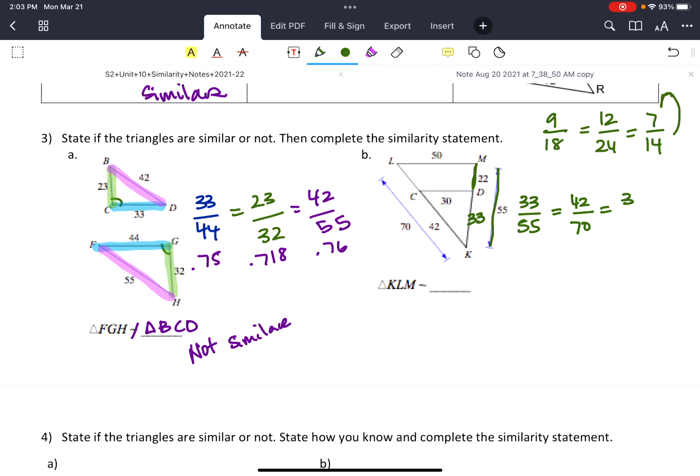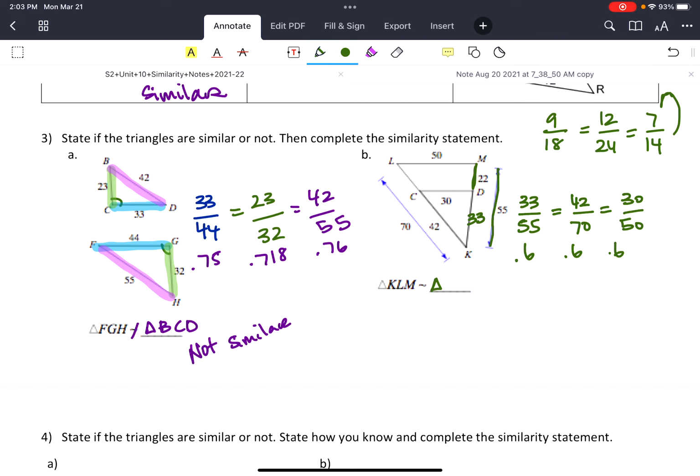And then the last side is 30 divided by 50, because I always have to check all three sides. This one, where they're laying on top of each other, there's no doubt what's oriented where. So 33 divided by 55 is 0.6. 42 divided by 70 is 0.6. And 30 divided by 50 is 0.6. They all match, so I am similar here.